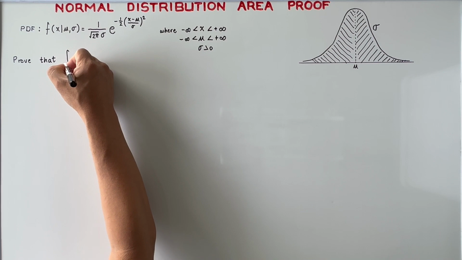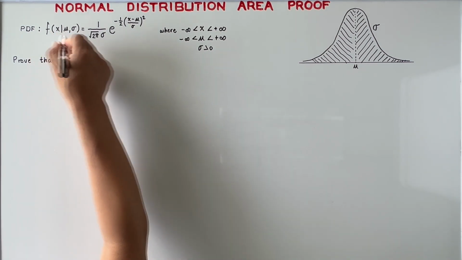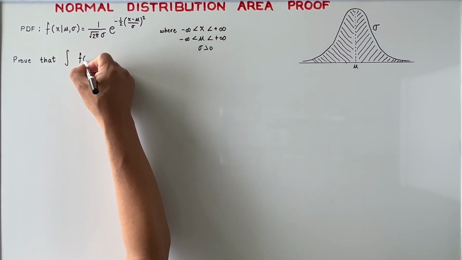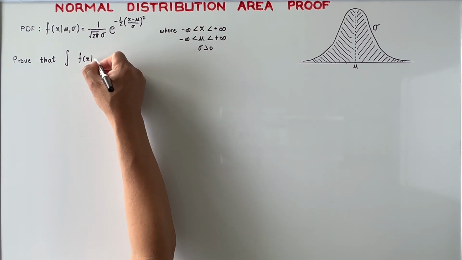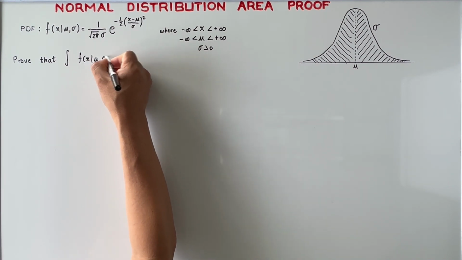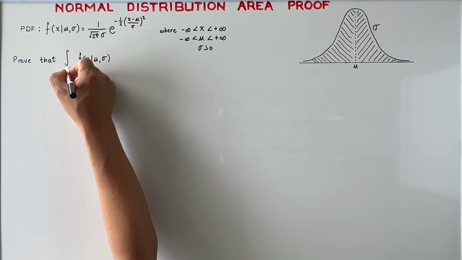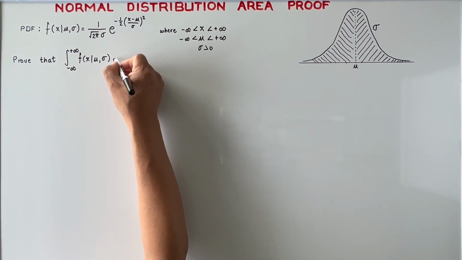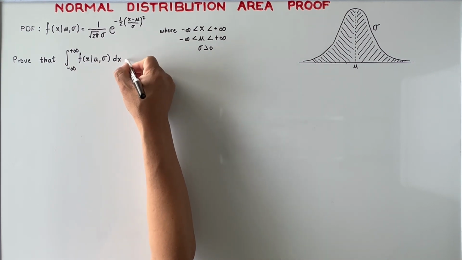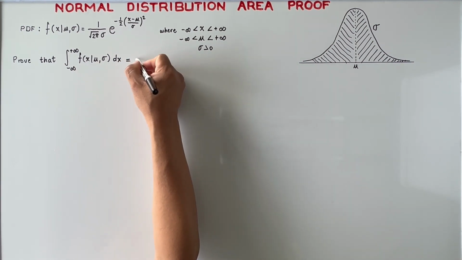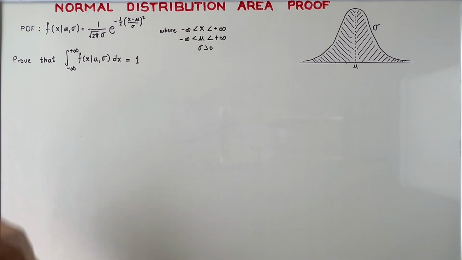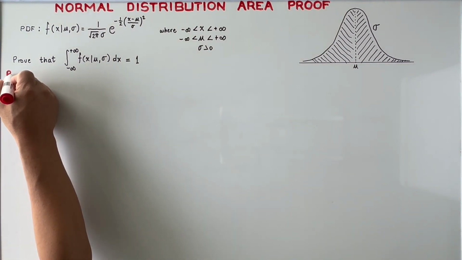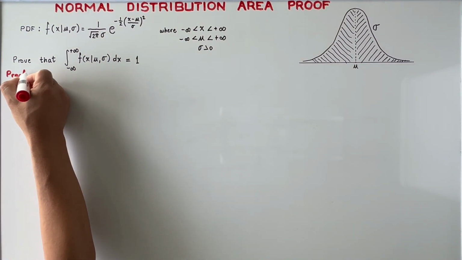And to find the area, we need to integrate this probability density function f of x, which is defined by the two parameters mu and sigma, from negative infinity to positive infinity dx. And we will show that the area is always equal to 1. So at this point, we will start writing our proof here.